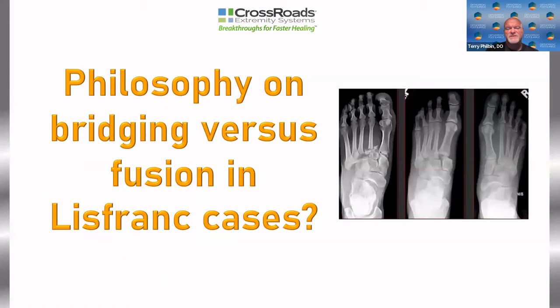All right. So what is everyone's philosophy on the bridging versus fusion in the Lisfranc case? I'm probably more of a fuser at this point in my career. I think Terry and I are about the same points in our careers, and I started like I was taught, just doing screws with home run screws, and then doing some bridge plates later, and really have gotten towards fusion.